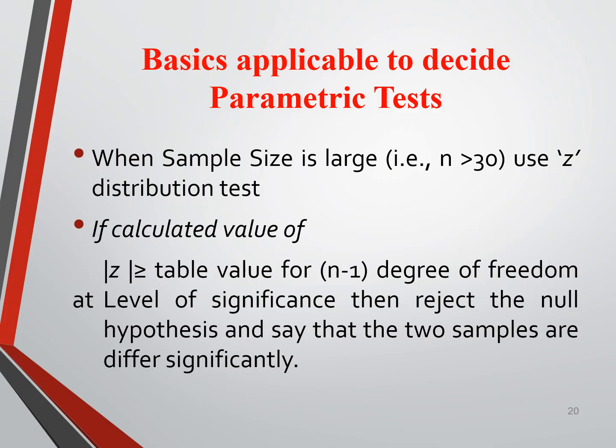That is the normal probability curve. You can find the value for a given degree of freedom, maybe 10, and compare it. Like the t-test table, the Z-test table is there.